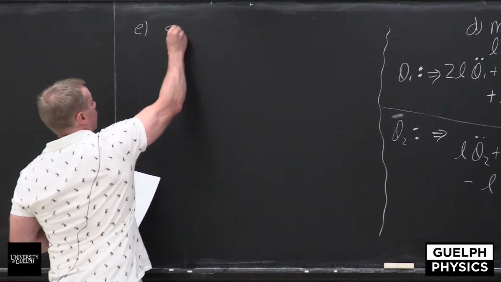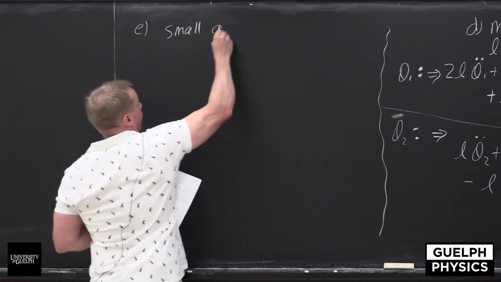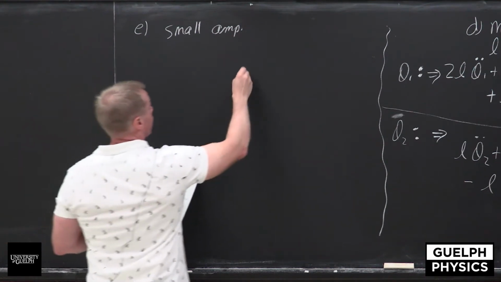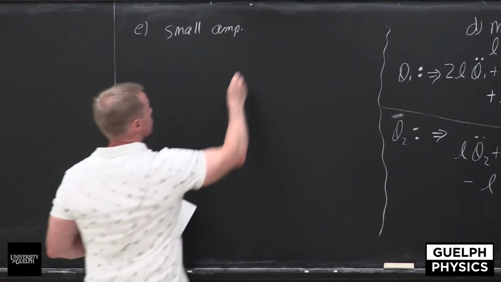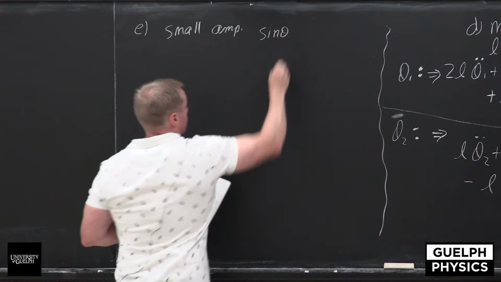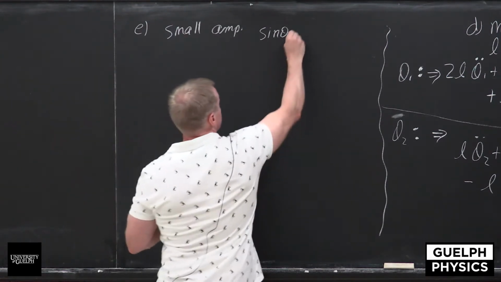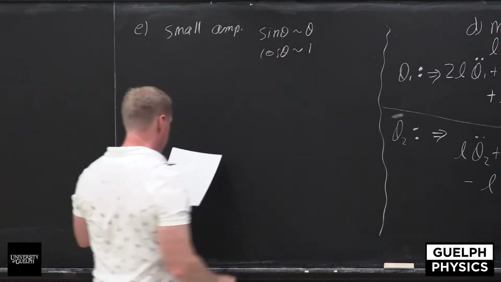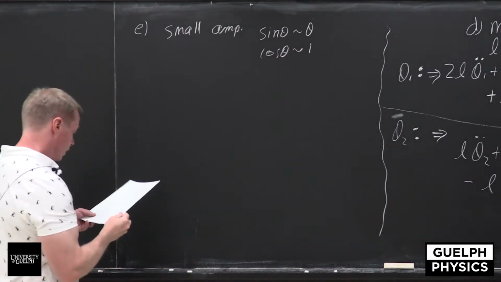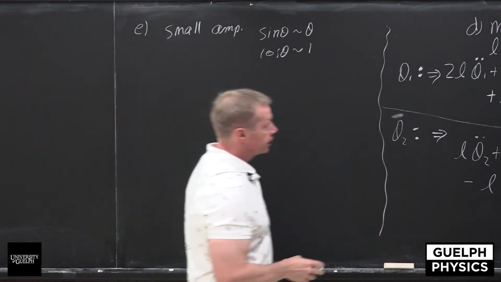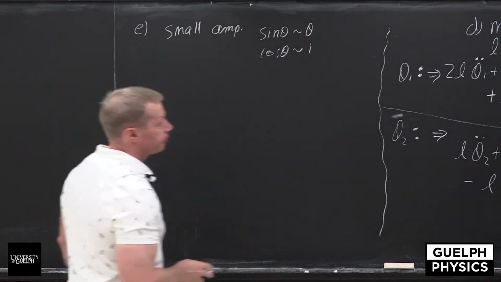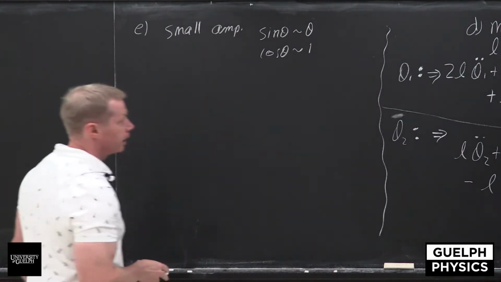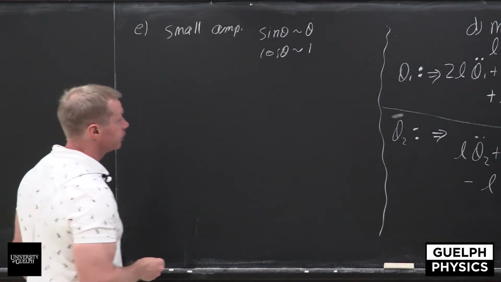So we're going to be looking at small amplitude motions, and when we have small amplitudes, of course, sine theta goes to theta, cos theta goes to 1, and then we have these expressions that involve the cosine of the angle difference and the sine of the angle difference.